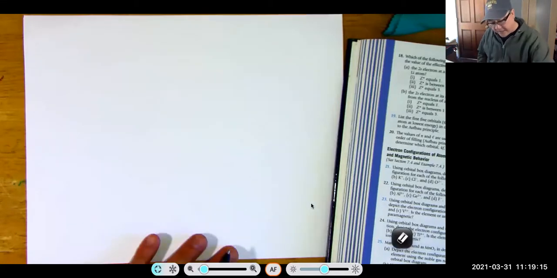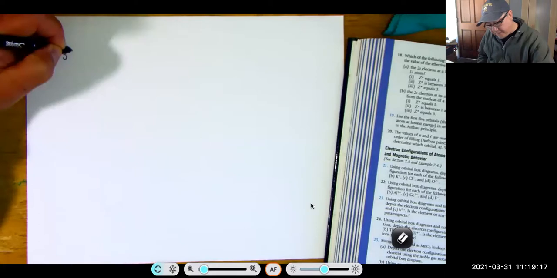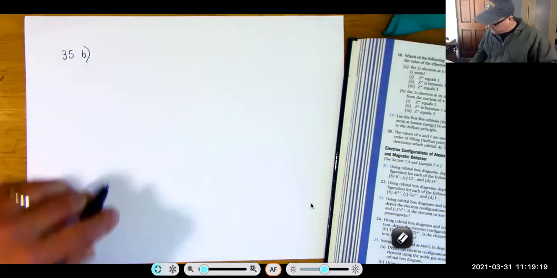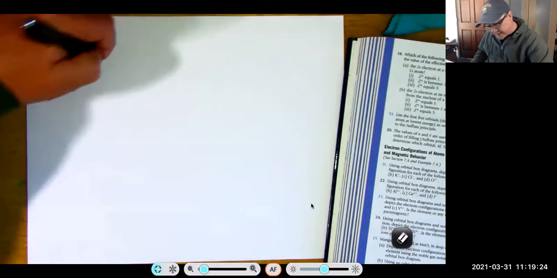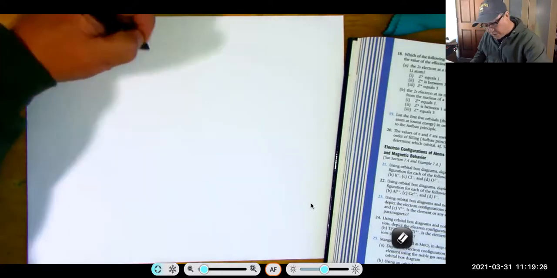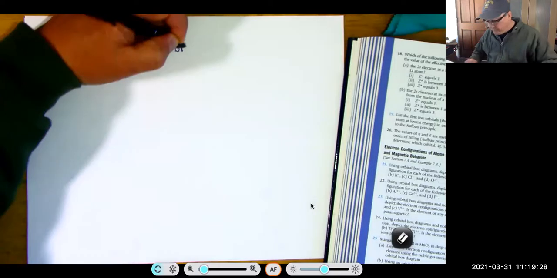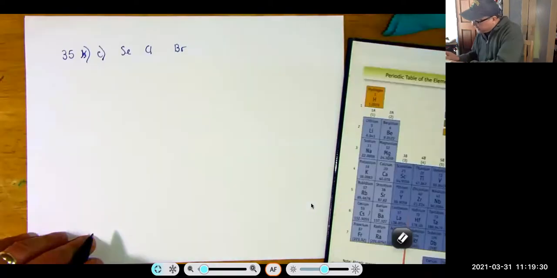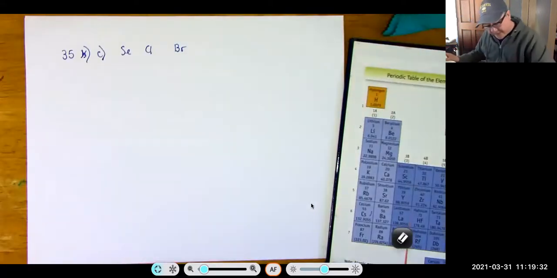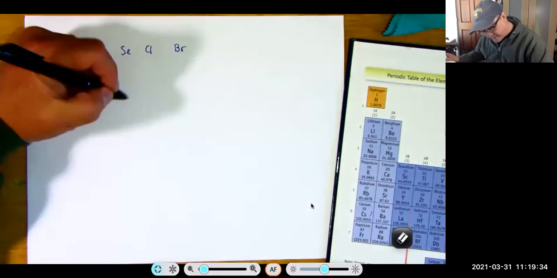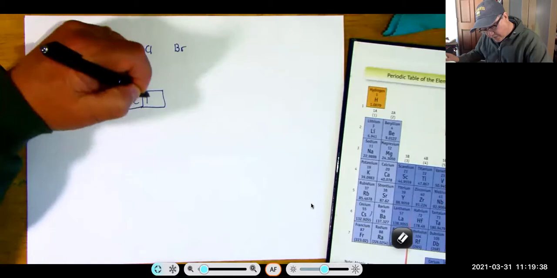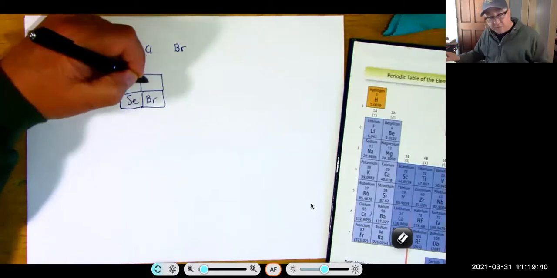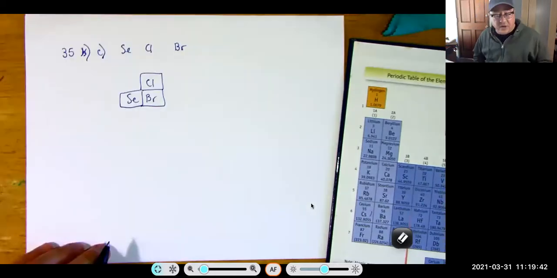Okay, so we're looking at 35C, I'm sorry, and we're looking at selenium, chlorine, or bromine. When we look at these, we see that selenium and bromine are in the same period, and chlorine is going to be here. So we probably better at least get the electron configurations.